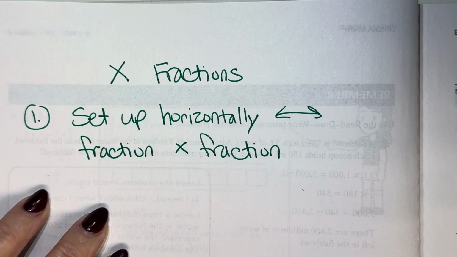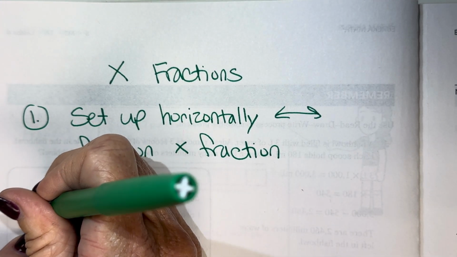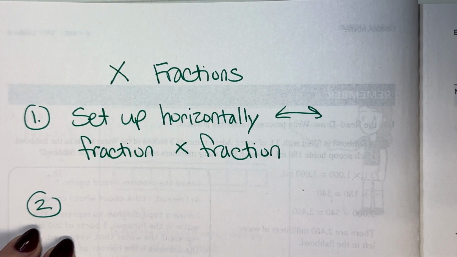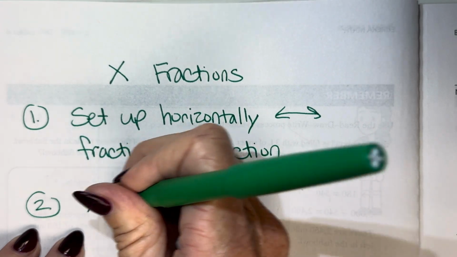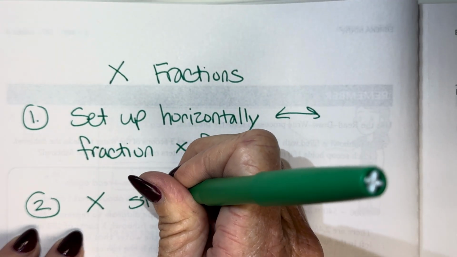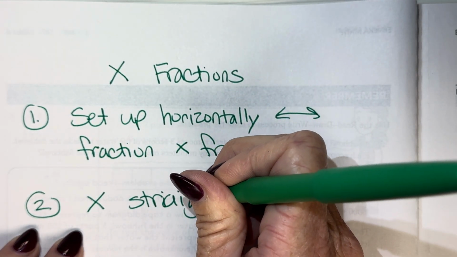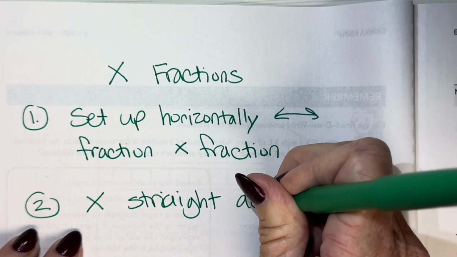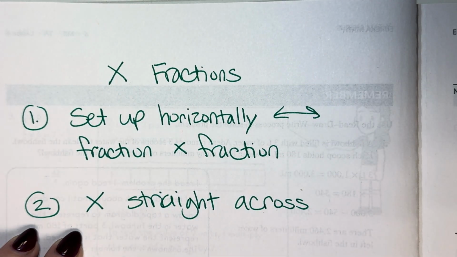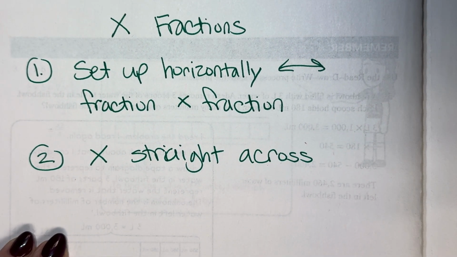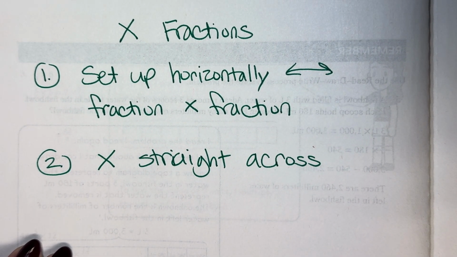It has to be a fraction times a fraction. My second step is I'm going to multiply straight across. And that's going to be the numerator and the denominator like we wrote before.